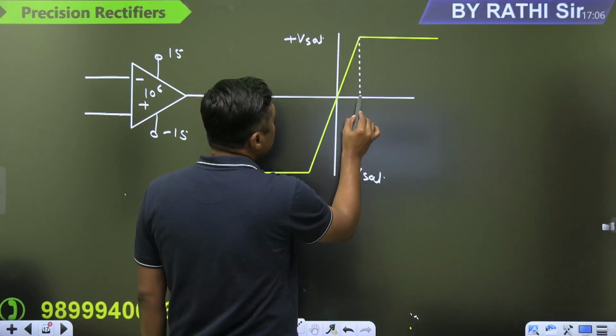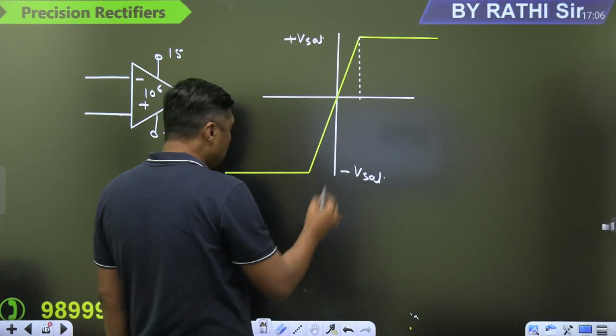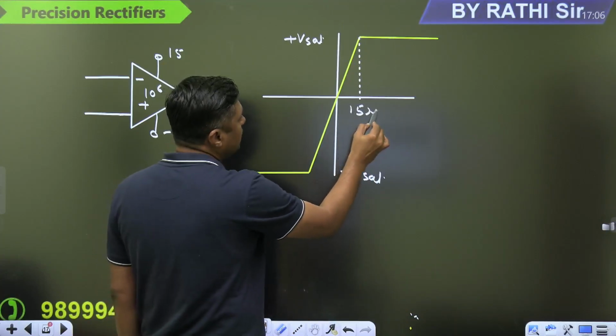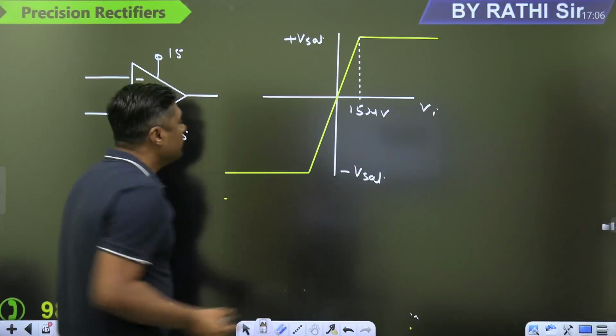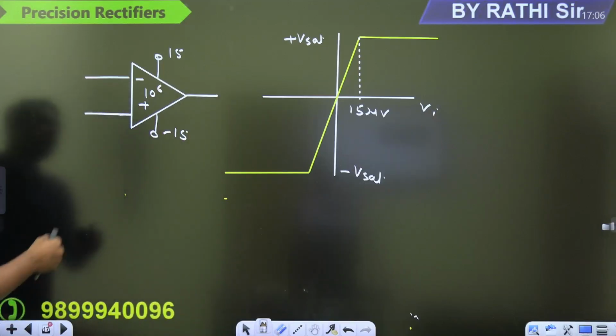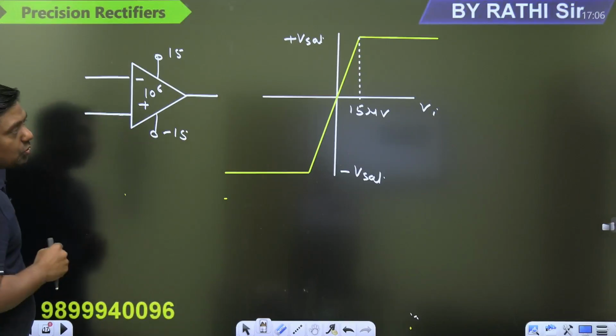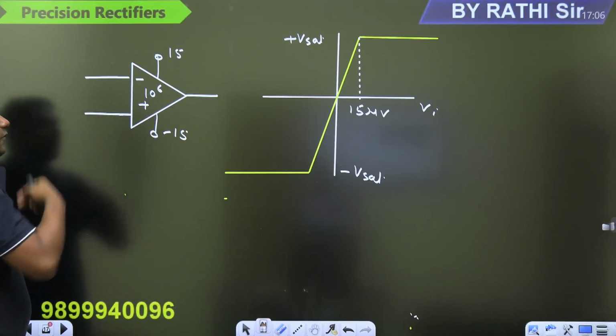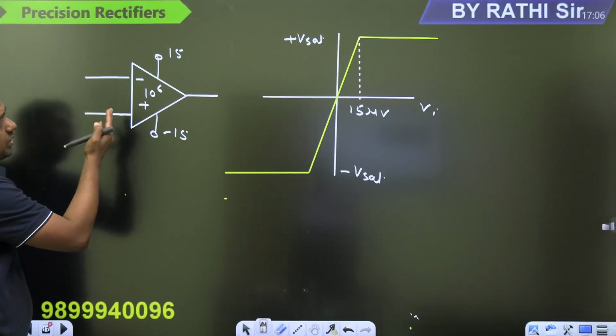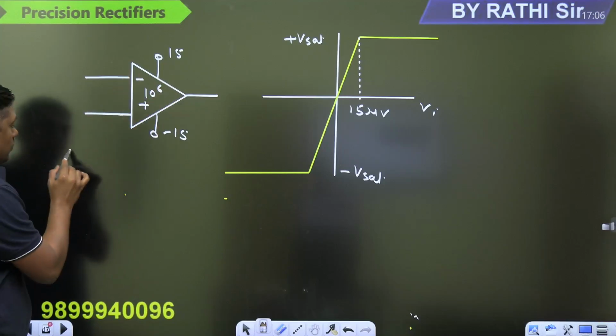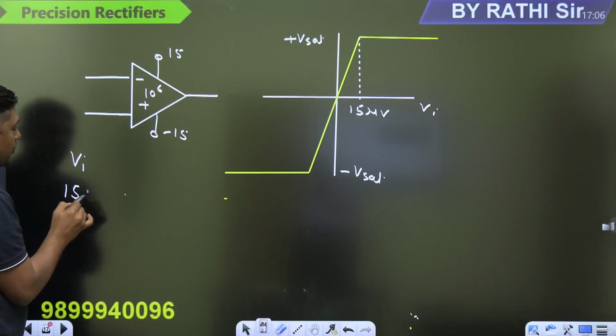So if the gain is very high and we give 15 microvolt as an input, 15 microvolt multiplied by 10 to the power 6, the op-amp goes into saturation. And if you give minus 15 microvolt, it goes to minus 15 volt.